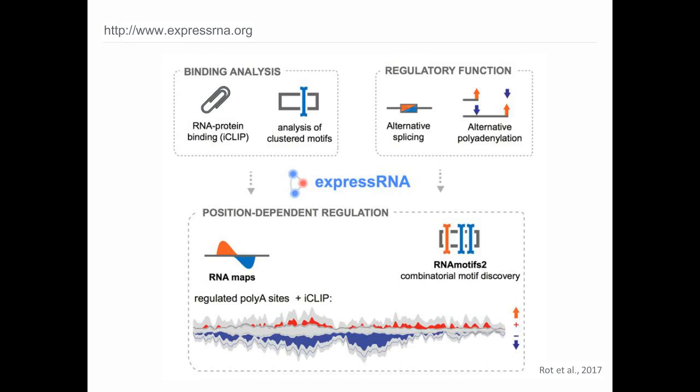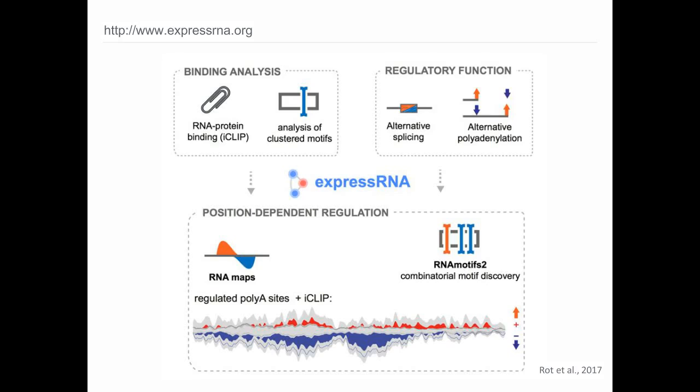We are rather interested in understanding which sites are regulated and what proportion of those are regulated by direct binding around the polyA sites, which ones are regulated due to the splicing changes, as Gregor has just described, and how this combinatorics works when different proteins assemble on the same RNA.